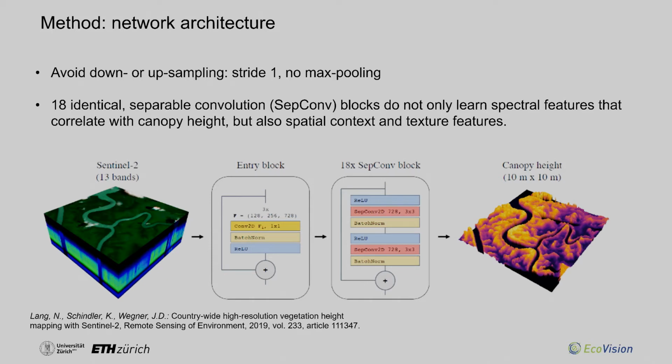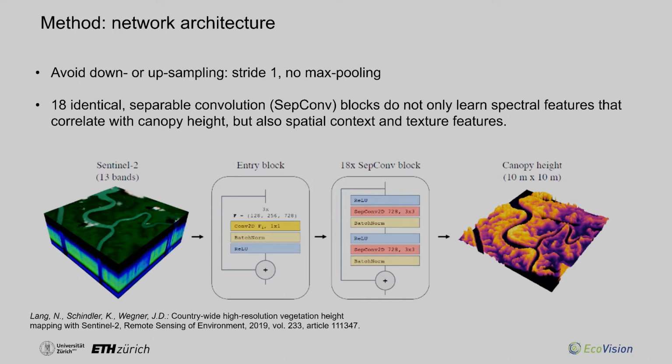We then have 18 identical blocks of the separable convolutions. So this is from the CVPR Chollet paper 2017, where we have separate convolutions in the spectral and in the spatial domain, which saves memory and parameters, and also seems to nicely adapt to different patterns in texture and in the spectral signatures.